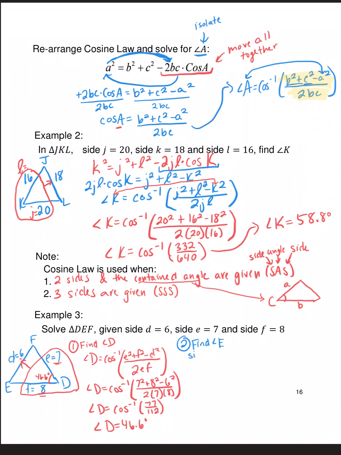I'm going to set up the sine of E, because I'm trying to find an angle, over E, and then set that equal to the ratio of the side angle pair that I do have, which is for D. So the sine of D over D. So the sine of E over side length E, which is 7, equals the sine of angle D, which we just found in our previous step, over side length D, which is 6.